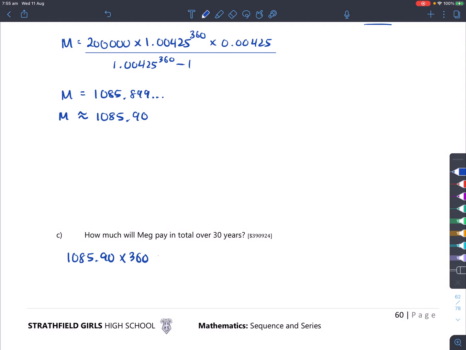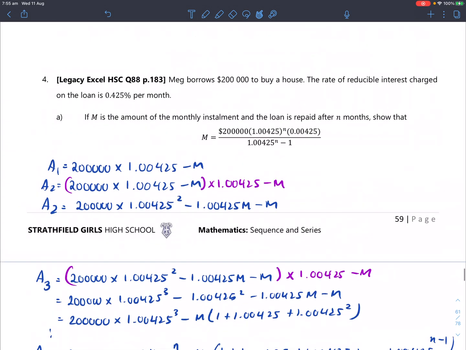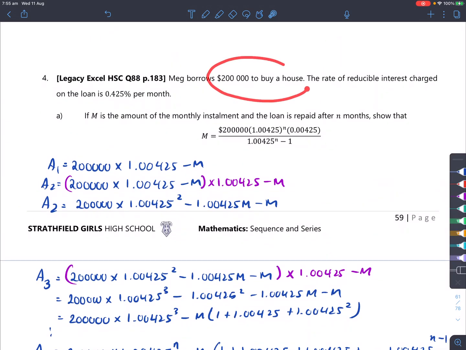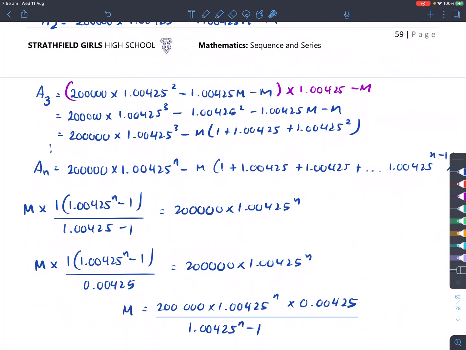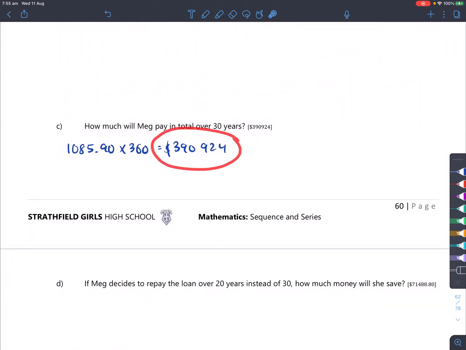What that will give us is 390,924. So looking back at the question, we have Meg borrowing 200,000, but we've actually got Meg to pay off $390,924 in total. That's almost double of what she actually borrowed.